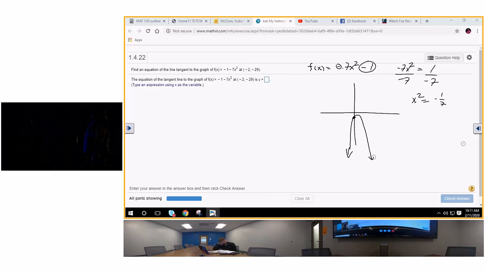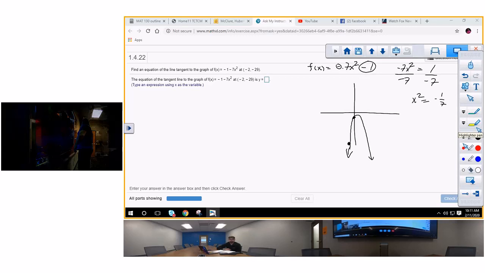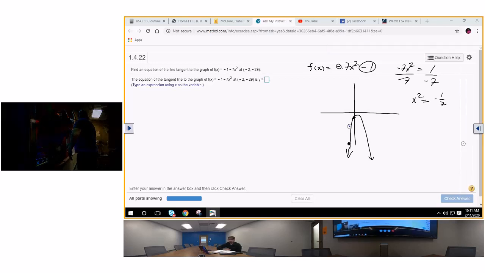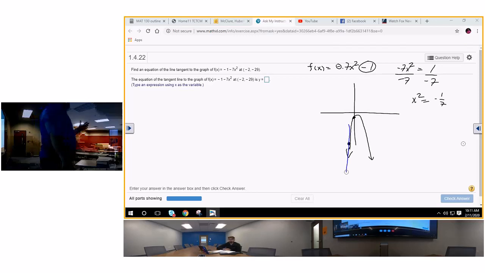All right? And it says at negative 2 and negative 29. So I'm just going to use negative 2 and negative 29. Let's say it's right here. They want to know the slope, the equation of the slope of that blue line right there. Now the reason I did that, and I'm very haphazardly graphing it.